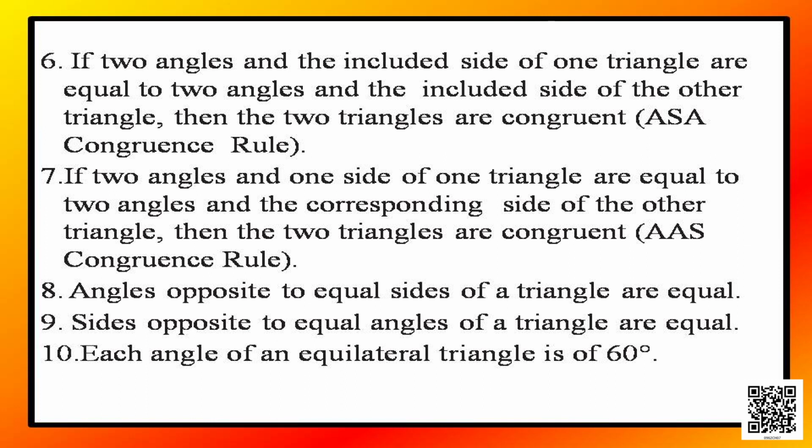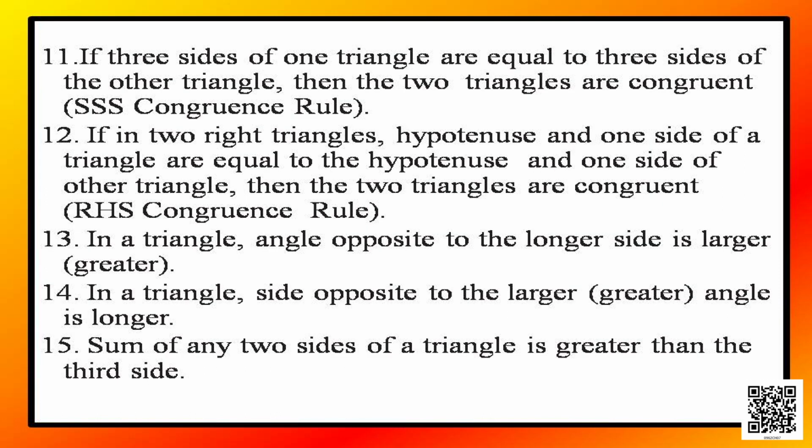Angles opposite to equal sides of a triangle are equal. 9. Sides opposite to equal angles of a triangle are equal. 10. Each angle of an equilateral triangle is of 60 degrees. 11. If three sides of one triangle are equal to three sides of the other triangle, then the two triangles are congruent by SSS congruence rule.